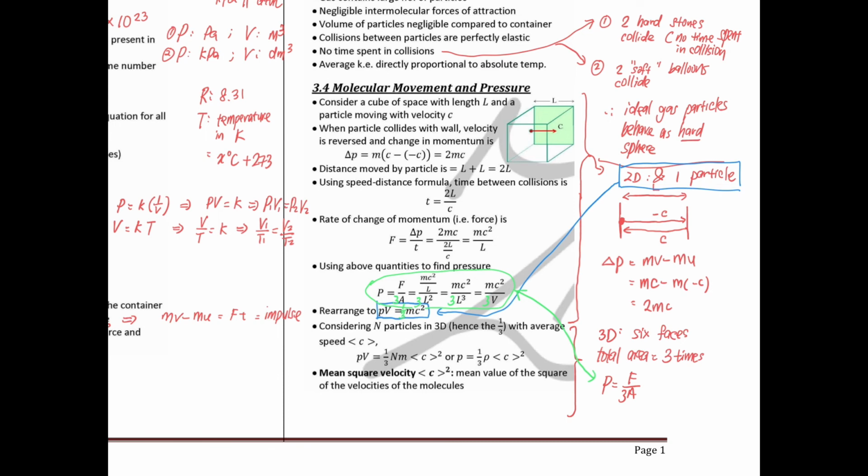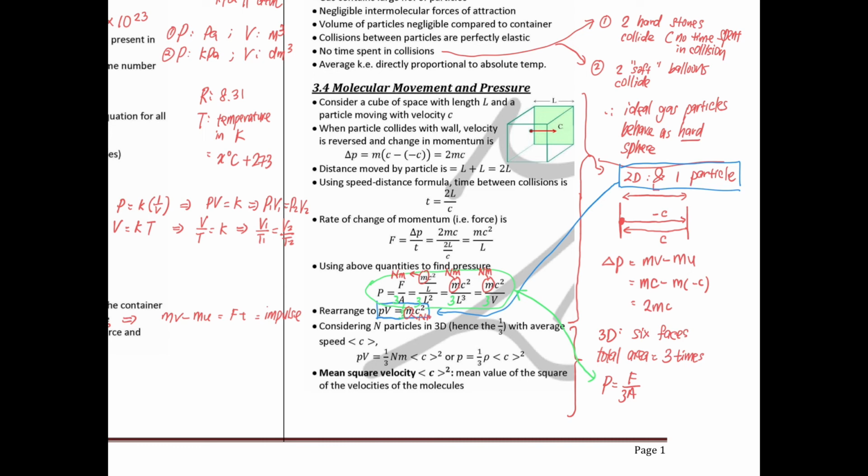The mass just now is m. That is for one particle, the mass of one particle. Now it is not one particle anymore, it is n particles. So the m here is now nm, the number of particles multiplied with the mass of one particle. So we get the total mass, nm.